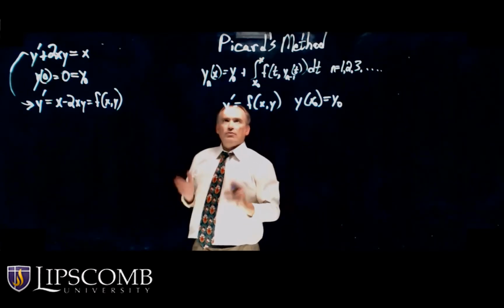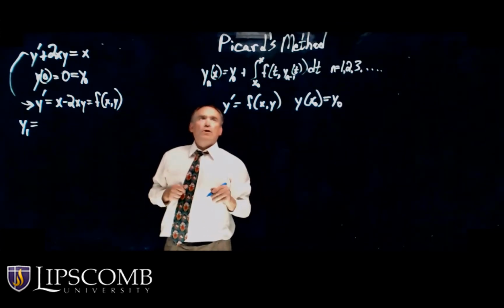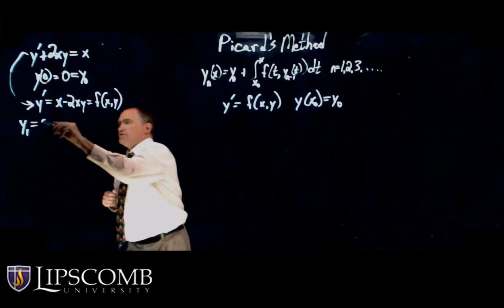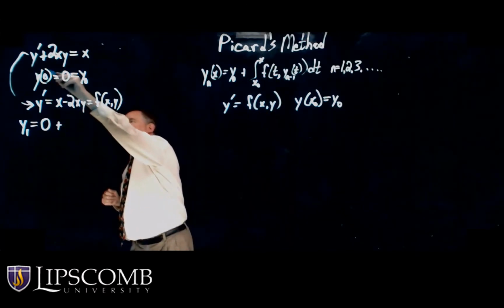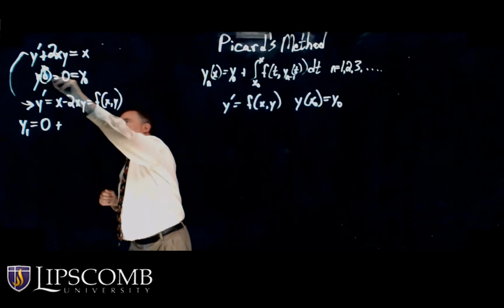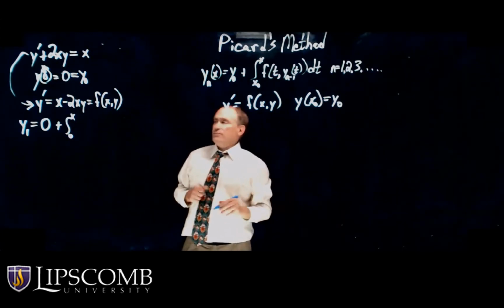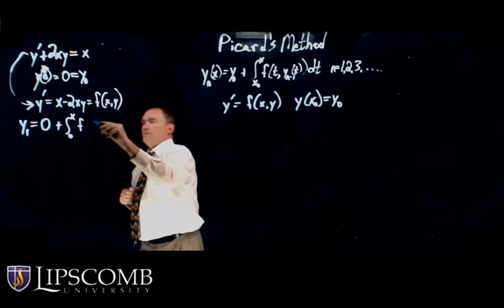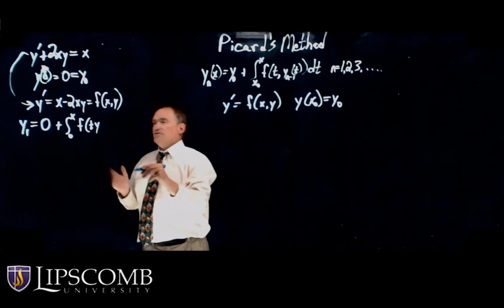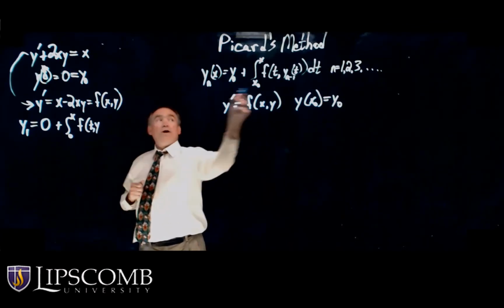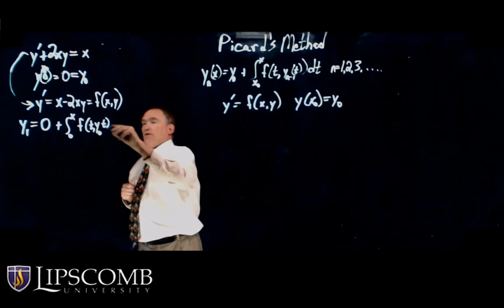So let's solve for y1. y1 equals y sub 0, which is 0, plus the integral from x sub 0, which is 0, to x, f of t, y sub 0 of t dt, since n is 1 and 1 minus 1 is 0.